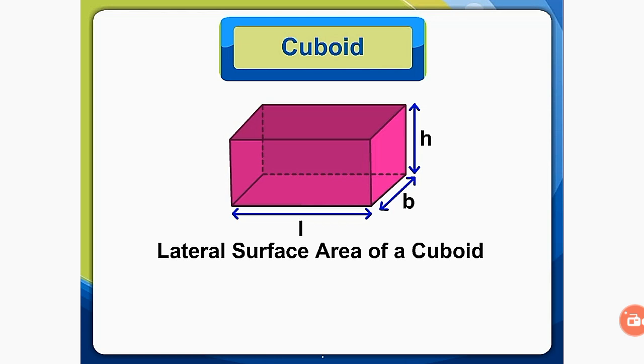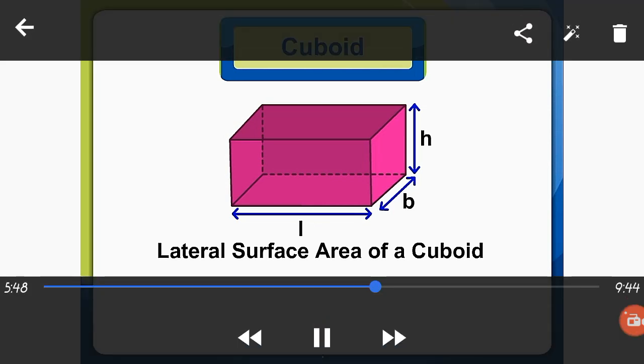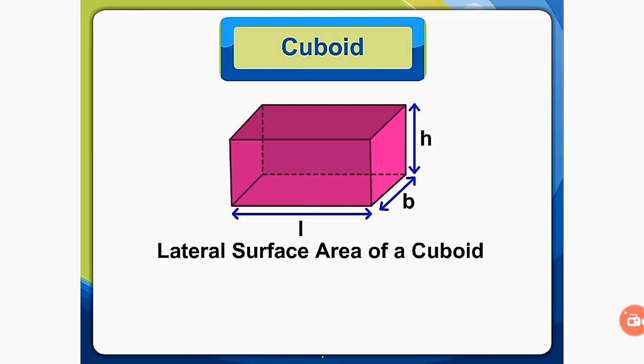So L, B, H are the dimensions for the cuboid. What are the dimensions that make up the front face and the back face? Front face and back face have the dimensions L and H, and the two side faces have their dimensions as B and H. So the lateral surface area of this cuboid is the sum of areas of the four faces. 2BH is the area of two side faces and 2LH is the area of front and back faces.